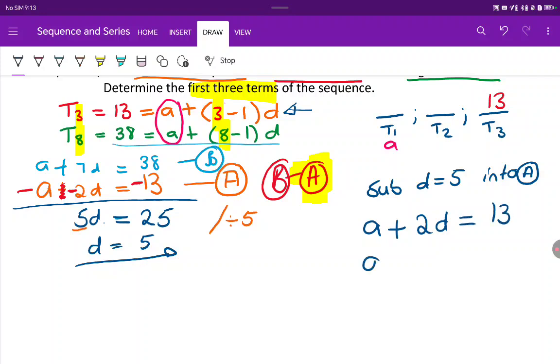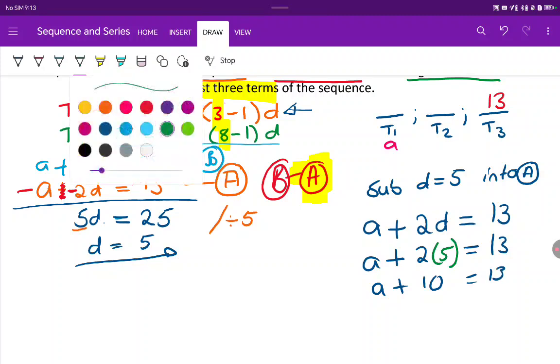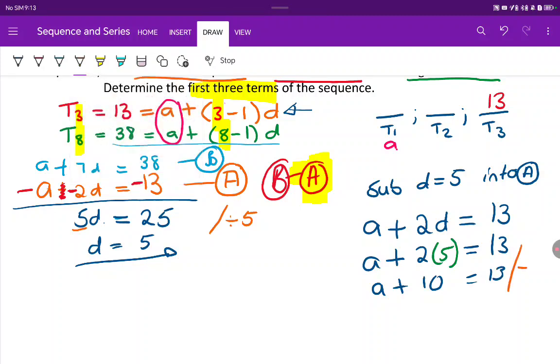Now I substitute, a plus 2 times d, and we said d was 5, equals 13. So a plus 10 equals 13. Then we subtract 10 on both sides. So a is equal to 13 minus 10, which is 3.